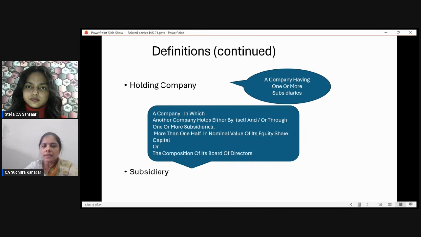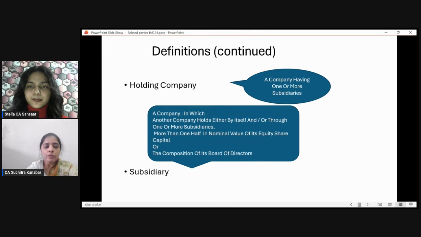Now, this standard specifies that there are four ways in which subsidiaries can be formed. You can have direct control, you can have indirect control, you have dominant influence, or you have potential voting rights. A subsidiary is an entity, including an unincorporated entity such as a partnership, that is controlled by another entity known as the parent. So in the terminology subsidiary, partnerships are also included.